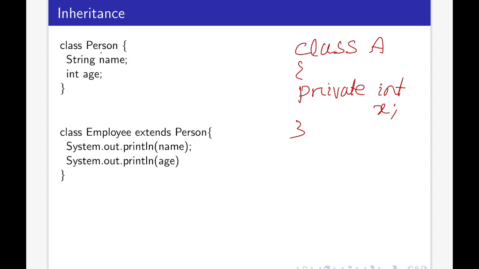Similarly here also, if we write private String name and private int age, then we cannot access this name and age, that means private members, outside the class Person. That means we cannot access them in the derived class also, and in that scenario System.out.println(name) is going to throw a compilation error. Here also System.out.println(age) is going to throw a compilation error.